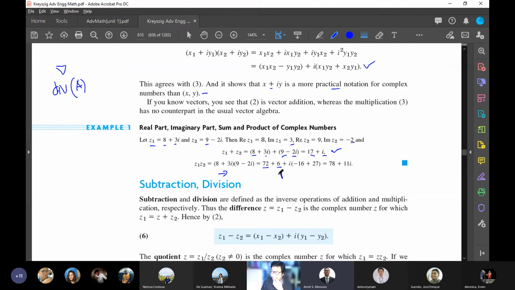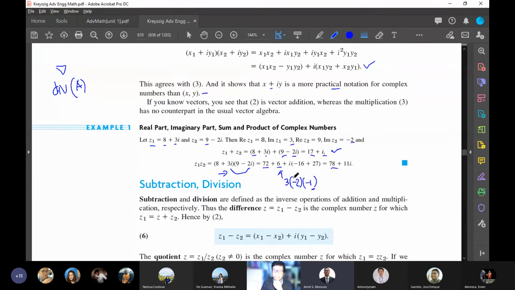It comes from the i squared. Take note, when you multiply these, that's 3 times negative 2 times i, so that's i squared. That's where we get the negative 1. Very good. So it becomes positive 6. So you now have 72 plus 6, that would be 78.